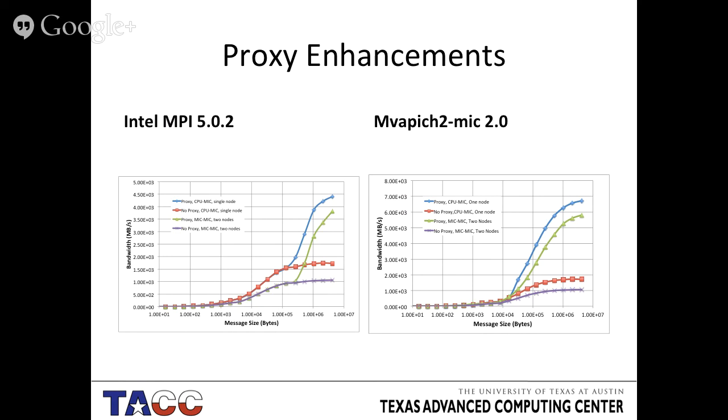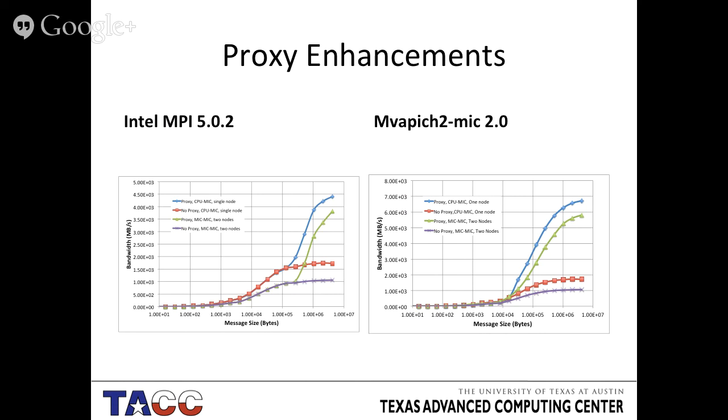I used to have a set of figures here with the bandwidths for messages initiated on the mic and messages initiated in the host. But now I'm just giving you numbers here for a ping pong exchange. So you will see the effect averaged out. But essentially you see that both for Intel and MVAPICH2, if you don't use the proxy, essentially the maximum bandwidth you can get is about 1 gigabyte per second.